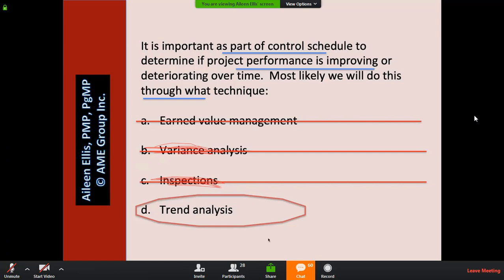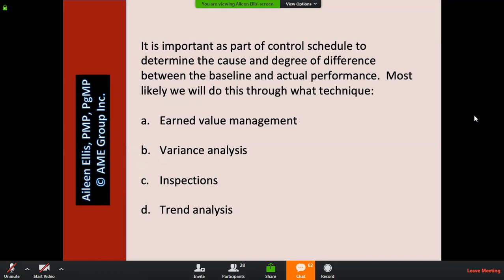If you ask what's the definition of trend analysis, it's looking at history to predict the future. So earned value management does lots of things, including trend analysis. Again, when you get questions like this, I would go with the more specific answer, trend analysis.